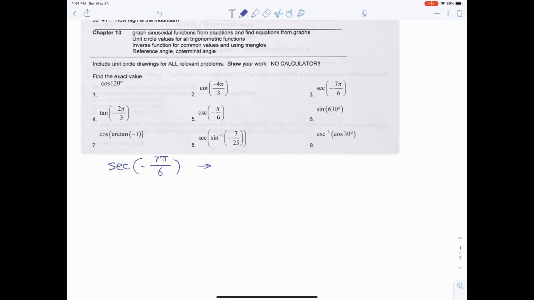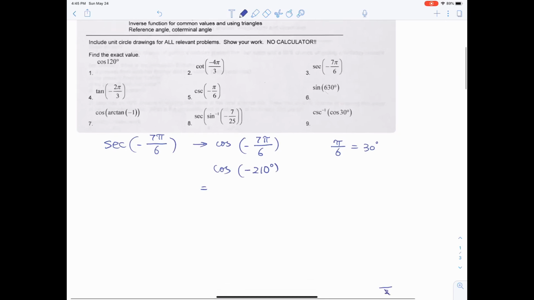What is my thought? Secant is the reciprocal of cosine. So what is the cosine of negative 7 pi over 6? We know pi over 6 is 30 degrees. So this is negative 210 degrees.